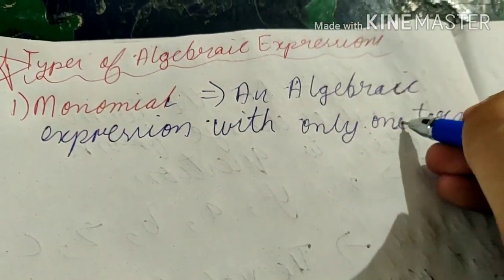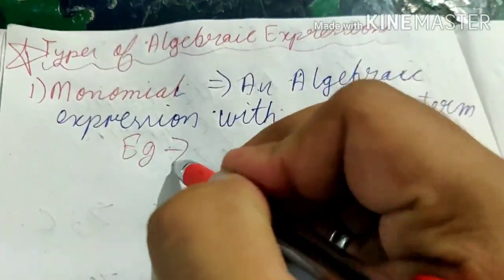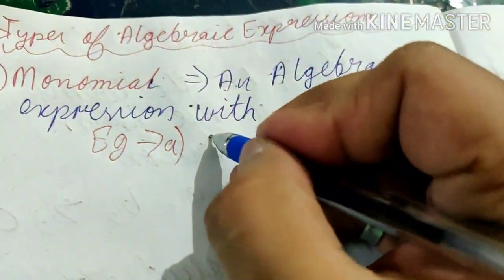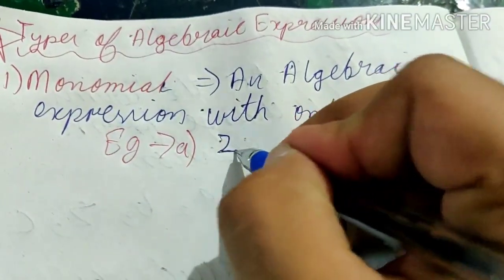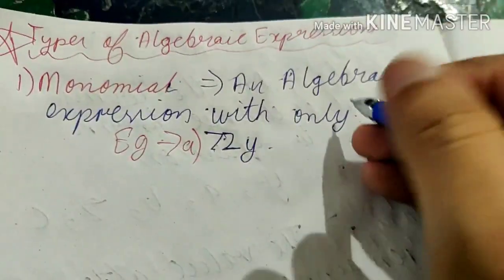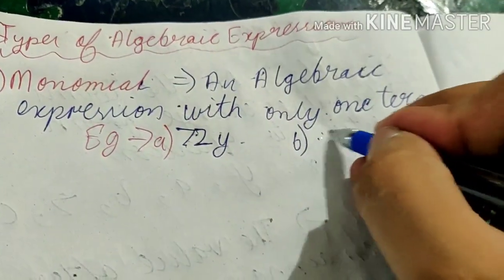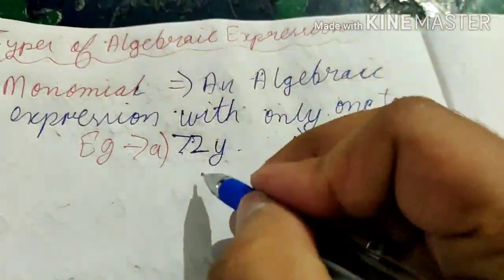The expression in which only one term is present is called monomial. Example of it: taking first example here, say 7zy. This is only one term. Second example is 5, only a single term.